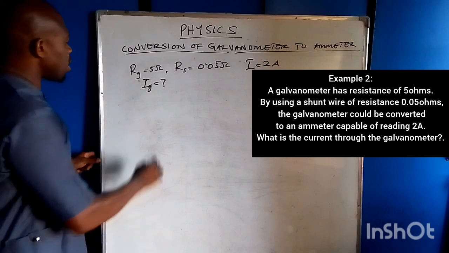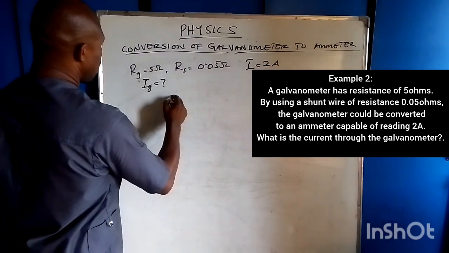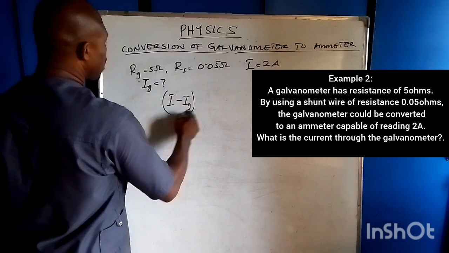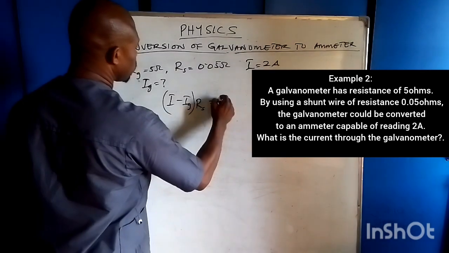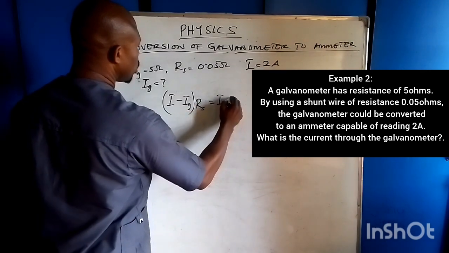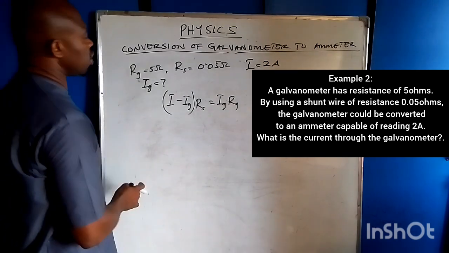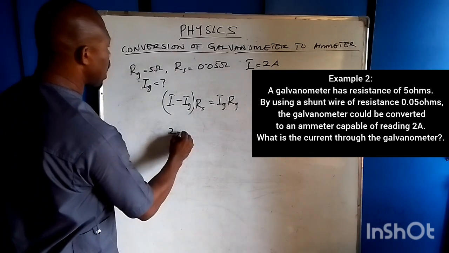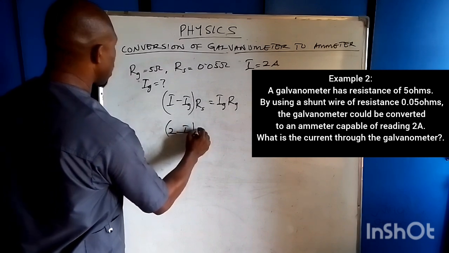Remember, our formula says I minus IG multiplied by RS is equal to IG multiplied by RG. Now, if we substitute these values, we have 2 minus IG multiplied by RS.